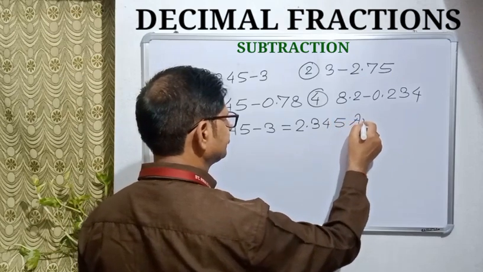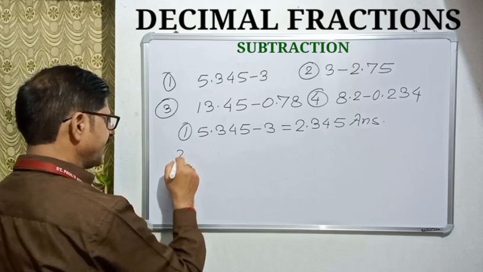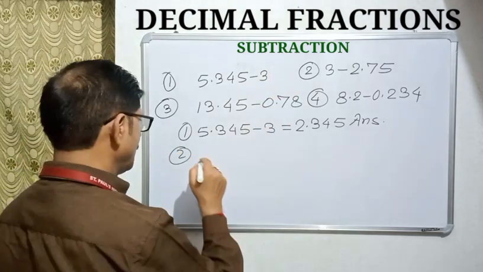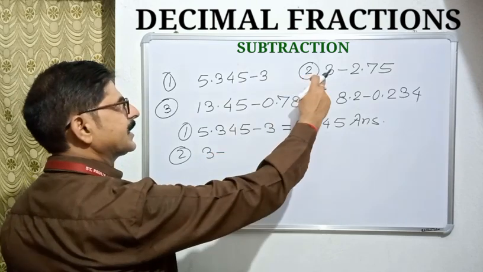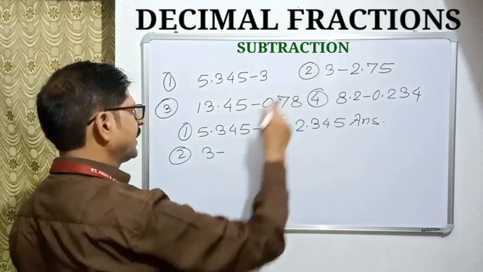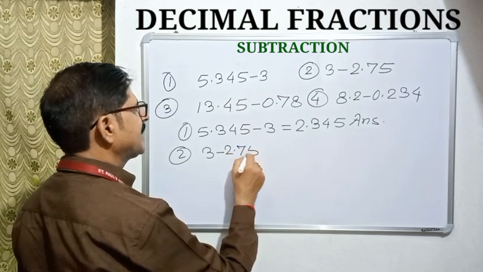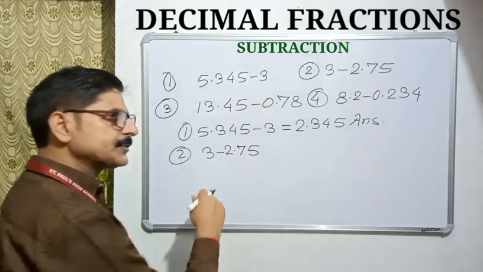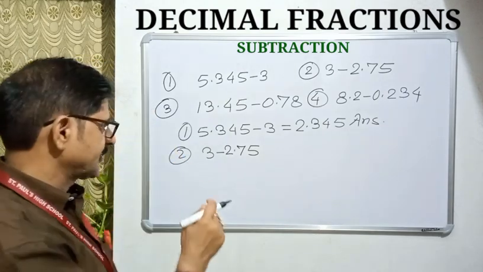That is your answer. But in the case of the second number, where the minuend is a whole number and the subtrahend is a decimal fraction, you need to change them into a group of like decimals.